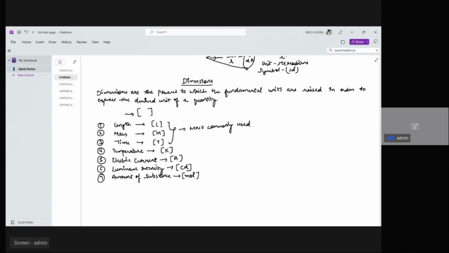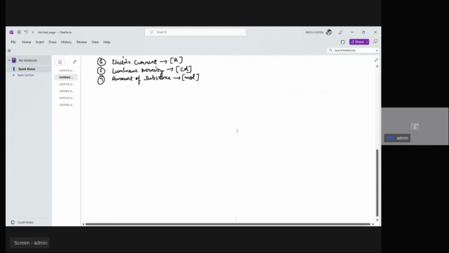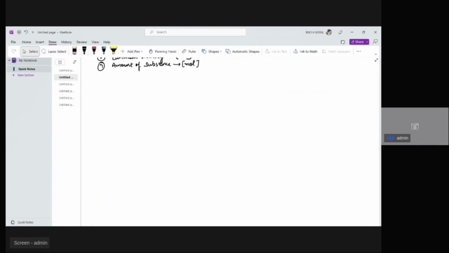So now we can find dimensions of some physical quantities, right? Now we can write dimensions of some physical quantities.